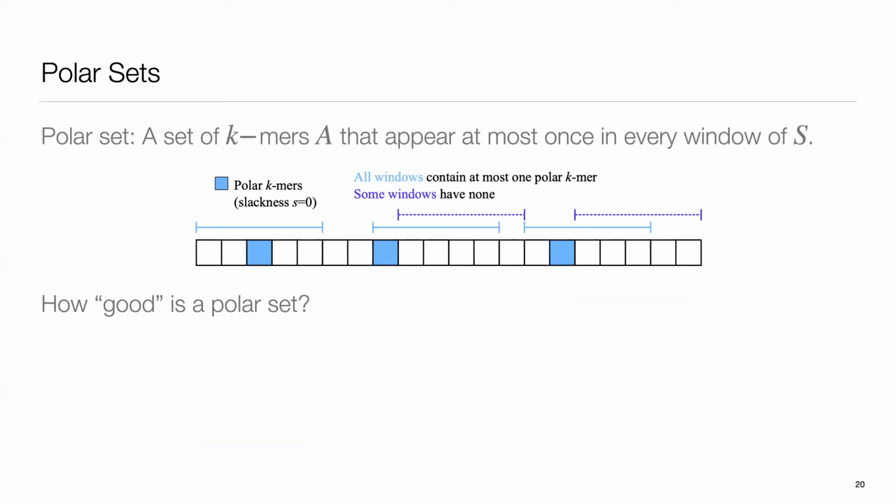So with the definition of polar sets, we now wonder what is the measurement of goodness of a polar set? Because ultimately, what we want to do is build a compatible minimizer from a polar set, and we want the resulting minimizer to have low specific density.